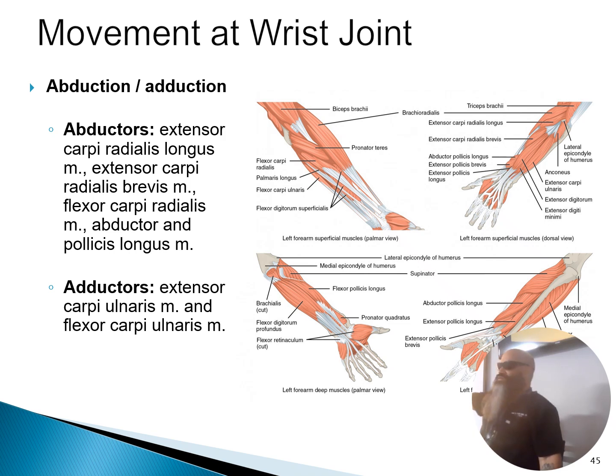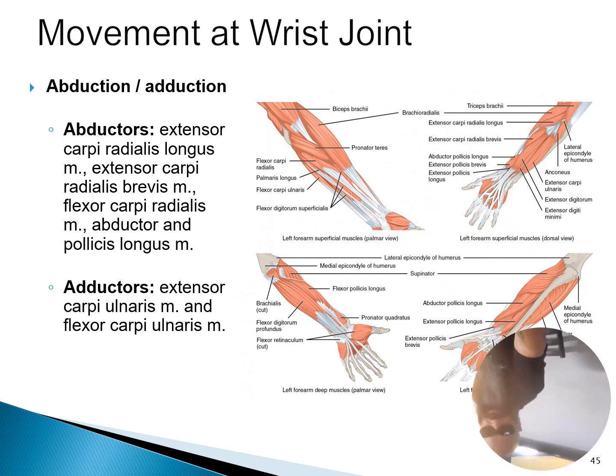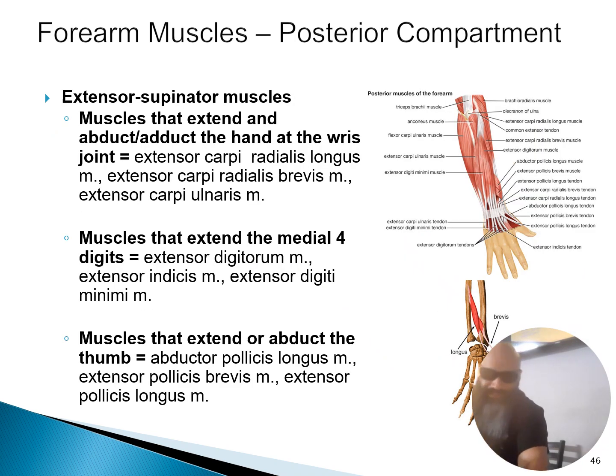So that should help you guys understand this better, okay? I'm trying to help you guys kind of study for this, so if you do see choices on there. So flexion, extension, radial, and ulnar deviation are the motions that we're focused on right now with the forearms. Extensor supinator muscles, so these muscles extend, abduct.